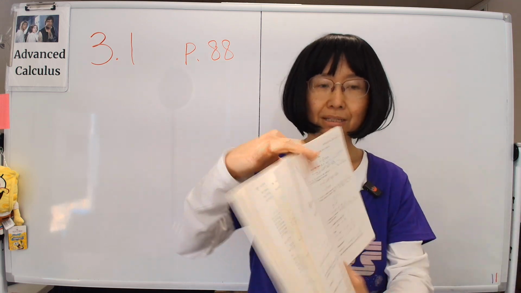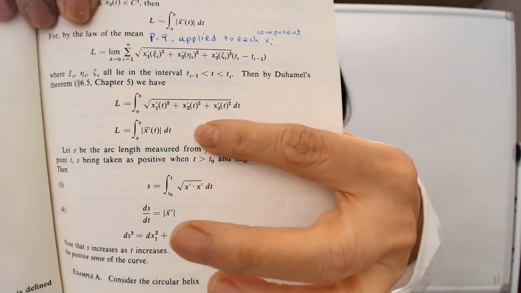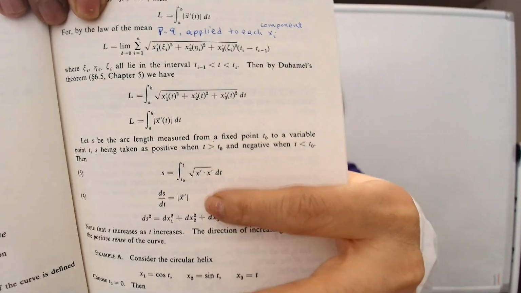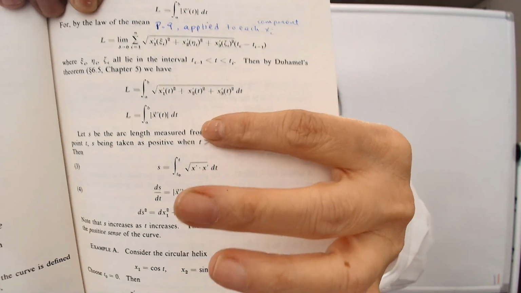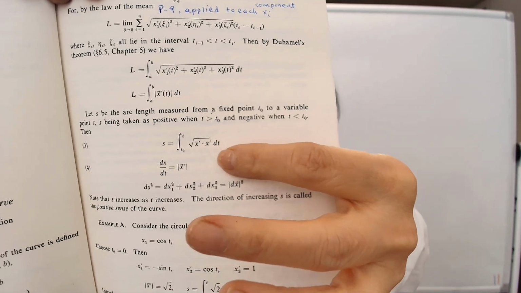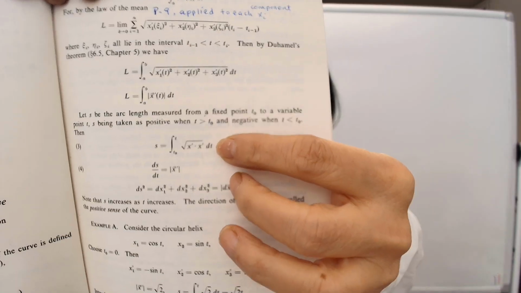That is what this means, right? The magnitude of x prime is x prime dot itself, then you take the square root. That is the same as this, except that now we're writing s as a function of t, but we're using the same dummy variable.